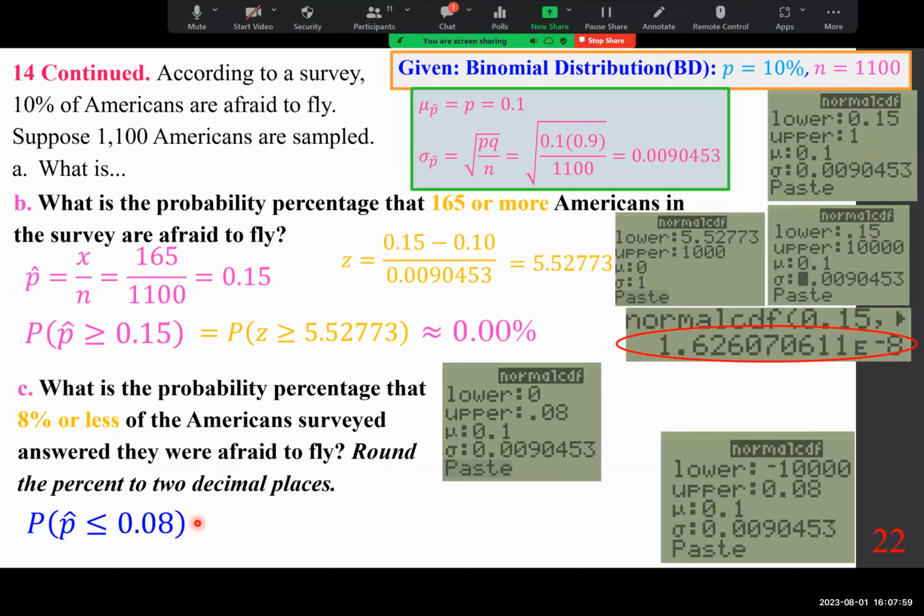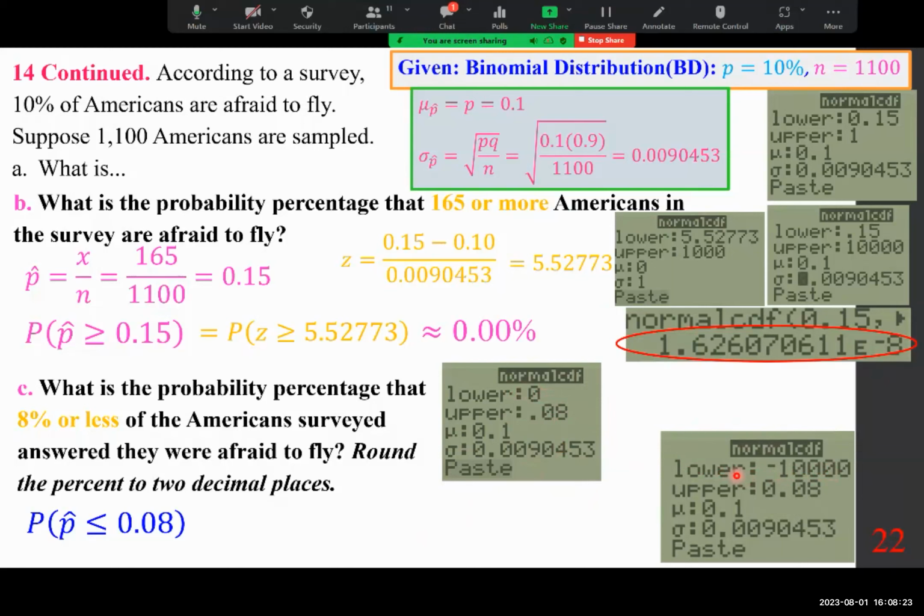So lower is 0, upper is 0.08, and the reason we can use 0 is because we're talking about the proportion. Mu is 0.1, sigma is sigma of p hat, or instead of 0 you can put minus 10,000 because it doesn't recognize that you're dealing with the proportion.